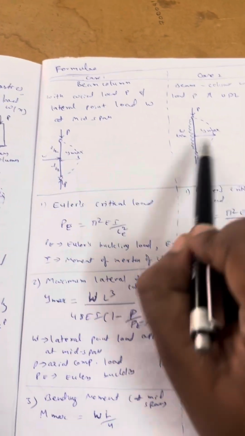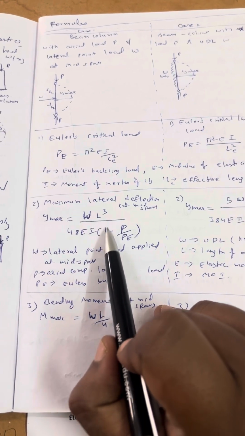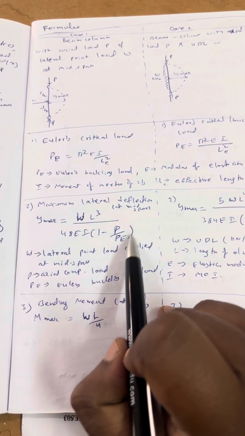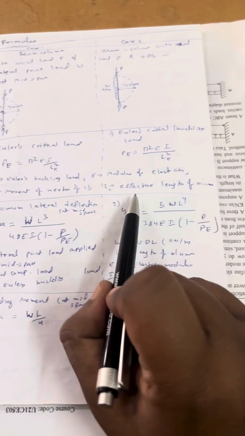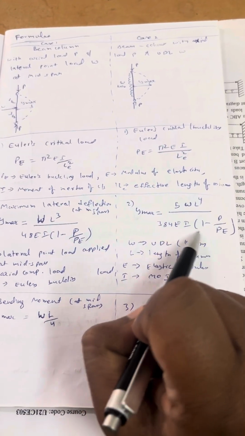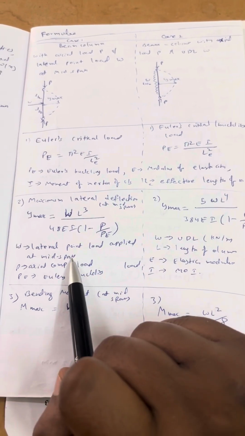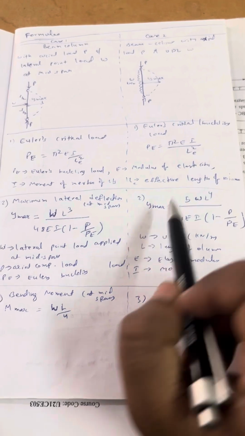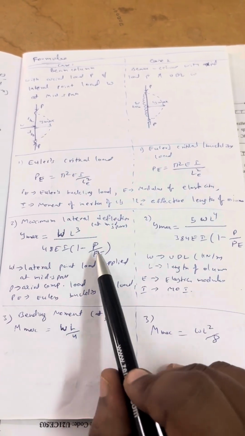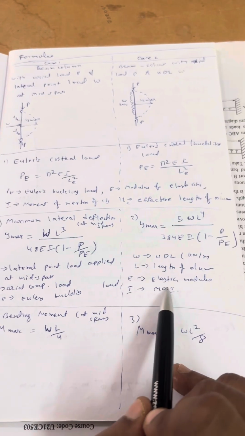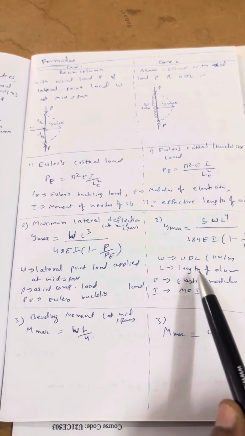For the point load case, the maximum lateral deflection is Ymax = WL^3/(48 EI) times 1/(1 - P/PE). For the UDL case, the formula is 5WL^4/(384 EI) times 1/(1 - P/PE). Here W is the lateral point load applied at midspan in the first case, and the UDL in the second. P is the axial compressive load, PE is Euler's buckling load calculated using this formula, and the elastic modulus and length of the column are known.